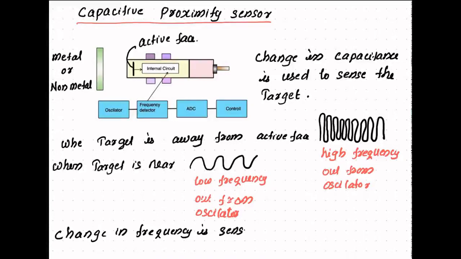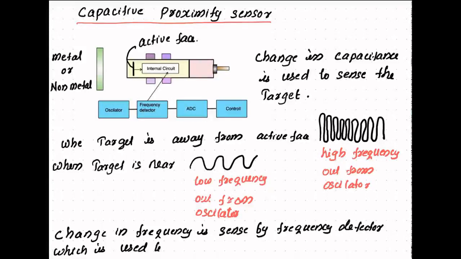If the output from the frequency detector is lower than the threshold frequency value, or within that particular limit, the sensor gives the information that the object is closer to the sensor. Here an analog to digital converter is used to make the frequency information available in digital format.